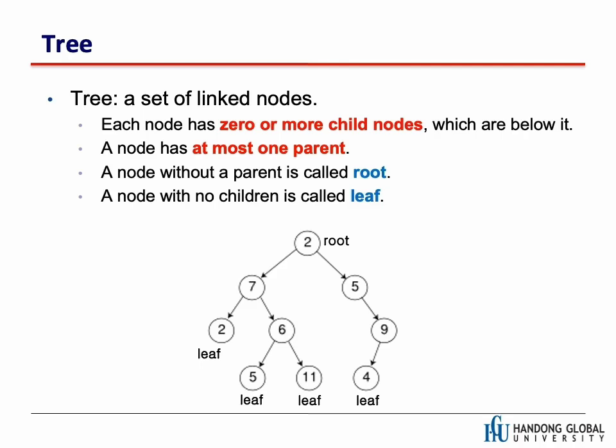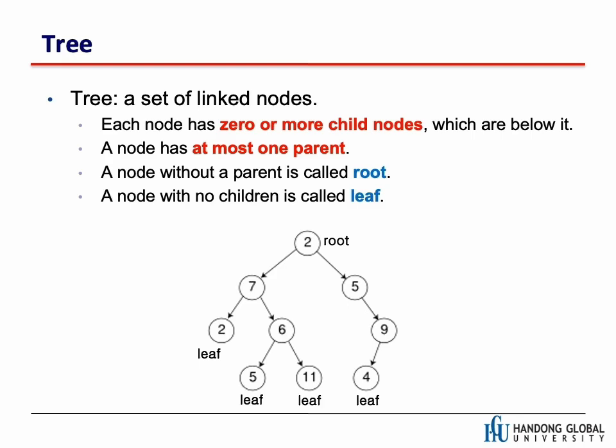Sometimes we have a constraint, like at most 2 children, and then that's a binary tree. We'll talk about that later, but in general we can have many children, or we can have just 0. So 0 or more child nodes, which are below it. Usually the children are below the parent. And a node has at most one parent.